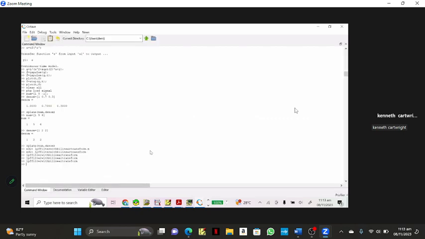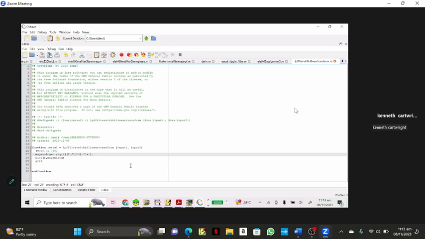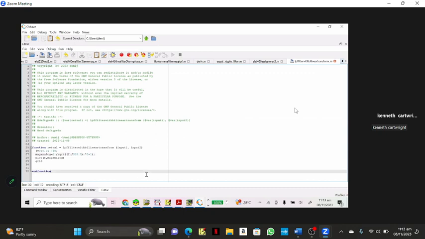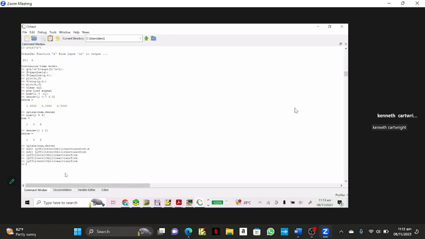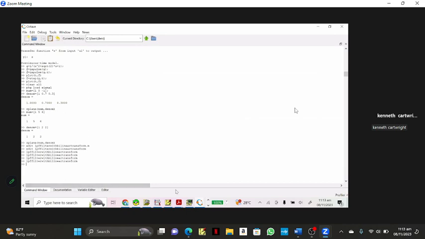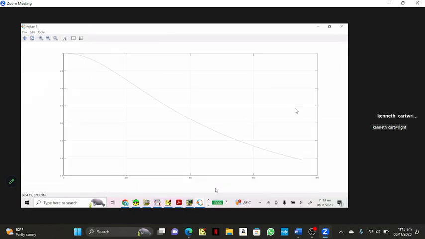All right. The cutoff frequency, I'll get this right. The cutoff frequency is 2000 rads a second. So that's 318.3 hertz. Okay. So, all right.